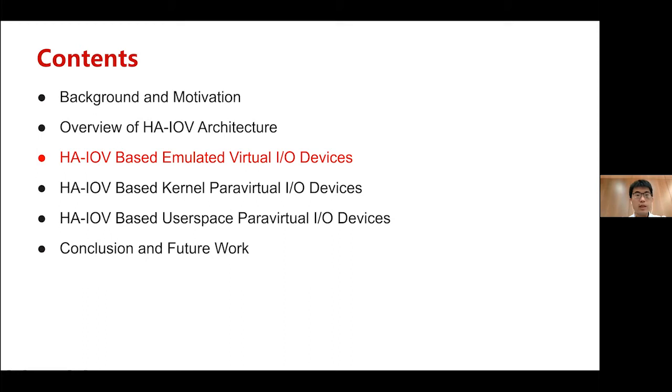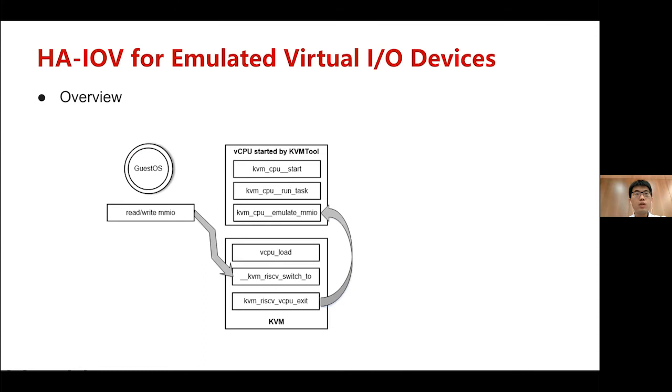Both emulated and paravirtual I/O devices can benefit from HA-IOV. Next, we will show more details in the following three parts. For emulated virtual I/O devices such as UART, guests trap out when accessing the memory region.